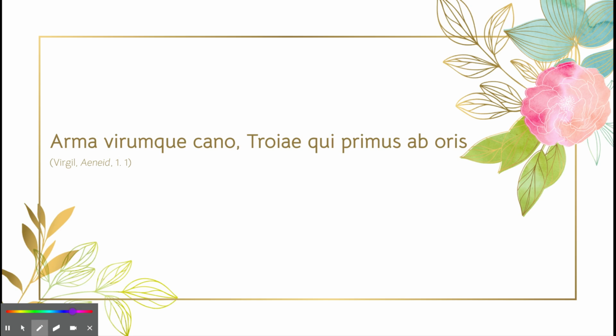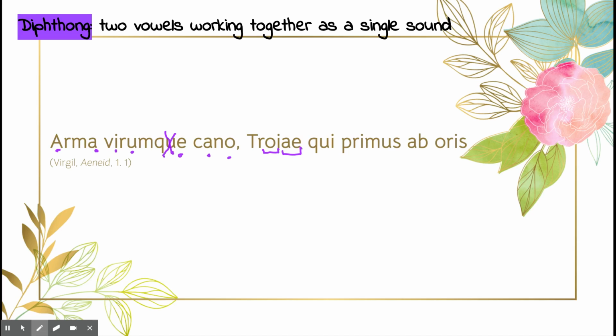So I'm going to make my life easier and try to find my vowels. I got an A, I, U. Oh, this U follows a Q, so that one doesn't count. E, A, O. And then I have these two words. Now, this is something called a diphthong. A diphthong is two vowels squished together to make one sound.